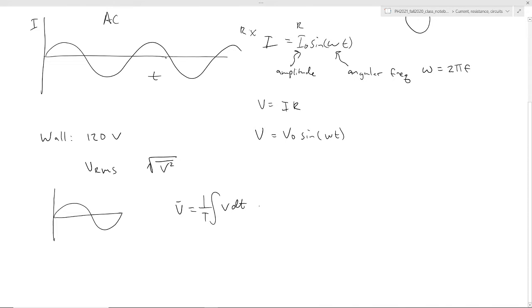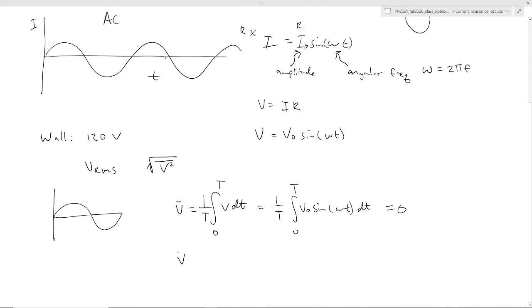So I should say this would be from 0 to T. So you'd find the value of that over one period and divide by the period. If you do that with sine or cosine, you can see that since that thing is positive just as much as it's negative, this would equal 0.